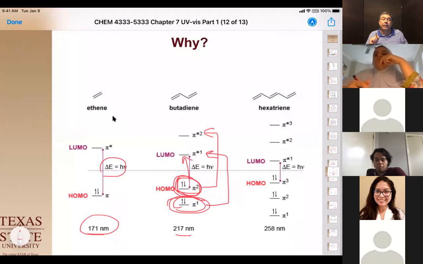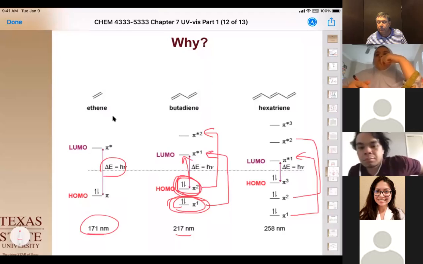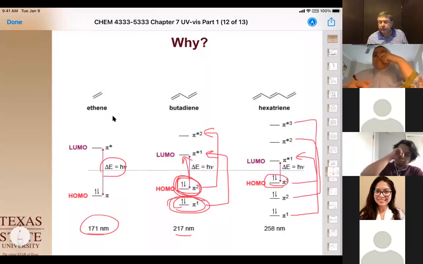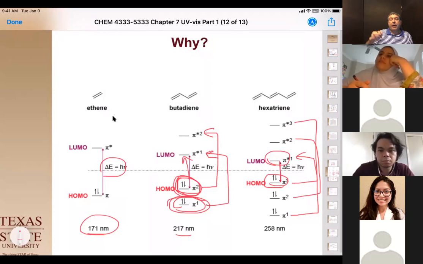Same thing happened here. The gap between the first orbital here, the second orbital here, and the third orbital here, notice those gaps themselves do not change. But we can now transition from this third pi orbital to this first pi orbital, and it has a smaller gap. So increasing your conjugation decreases the energy required to take it to the first unoccupied molecular orbital.